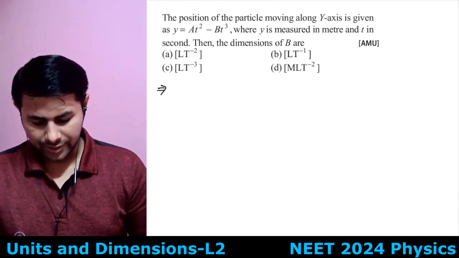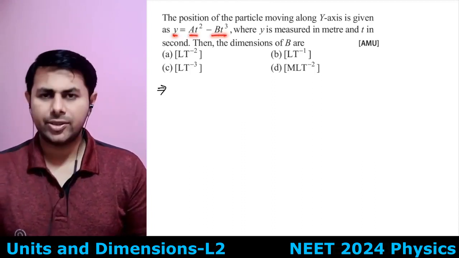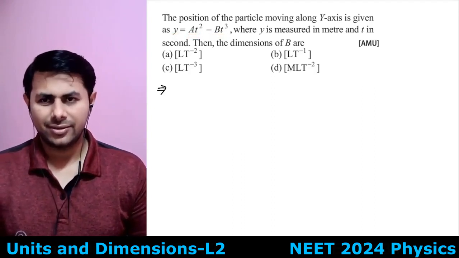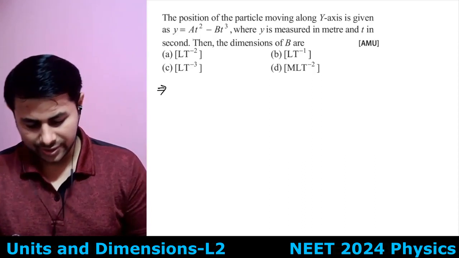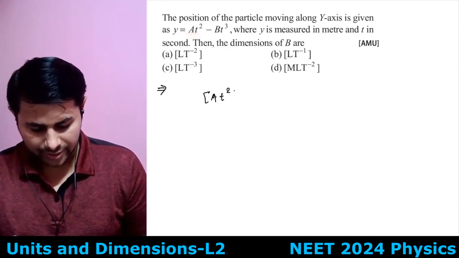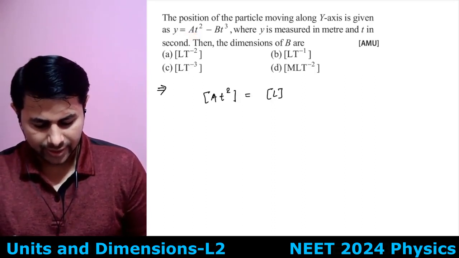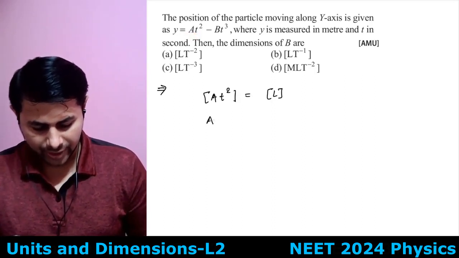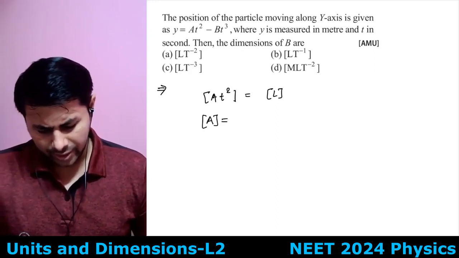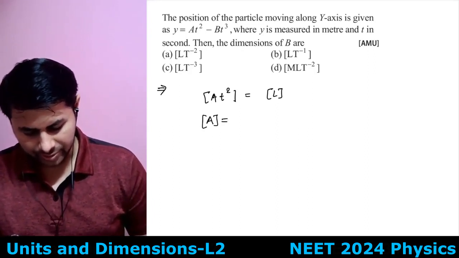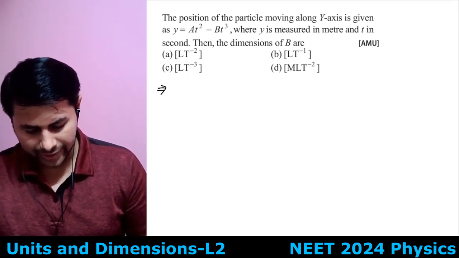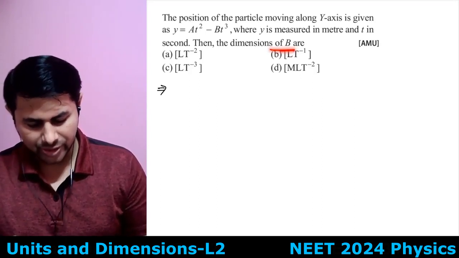It is position, so all the terms should have dimensions equal to length, L. So dimensions of A t squared equal the dimensions of length. But we want the dimensions of B only.